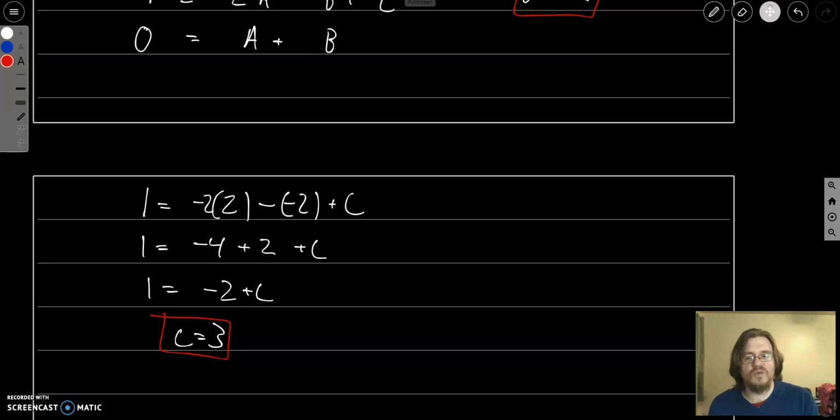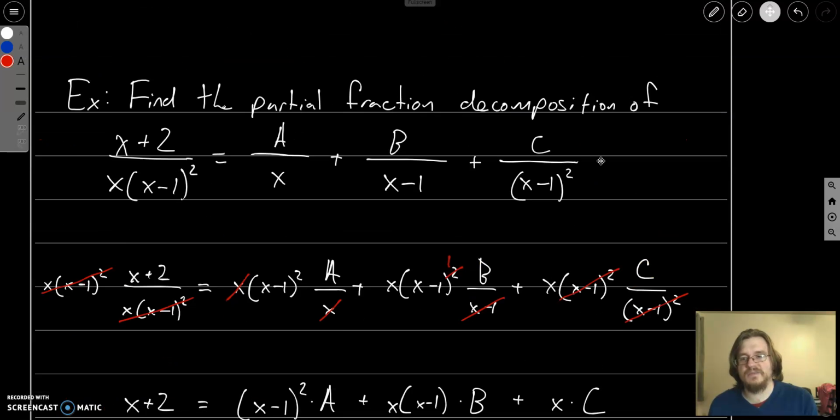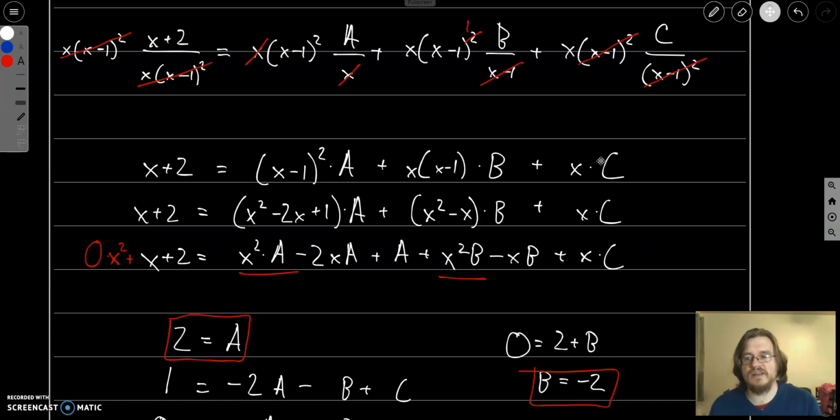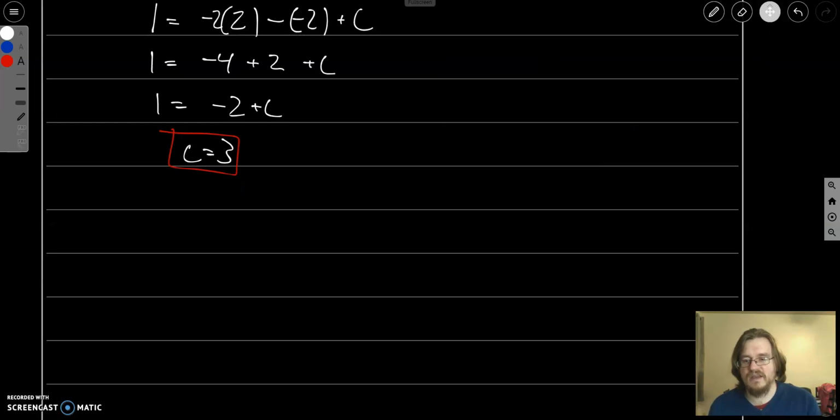Why did we do all of this work? It's so that we could decompose this fraction into 3 smaller fractions. So we know what A is, we know what B is, and we know what C is now. So let's come all the way down here and fill that in.